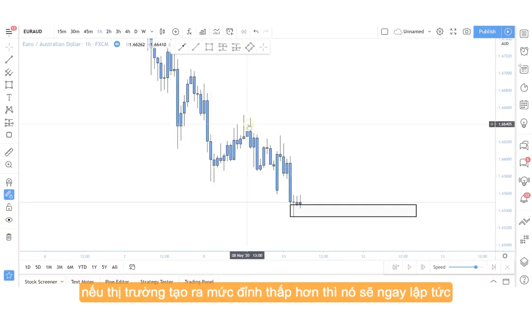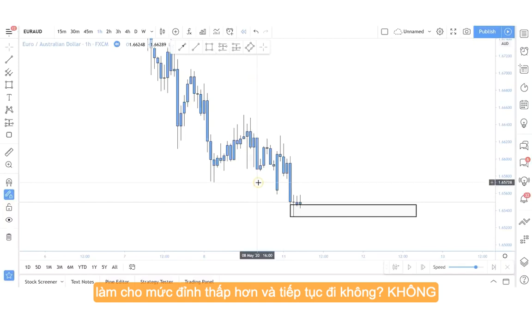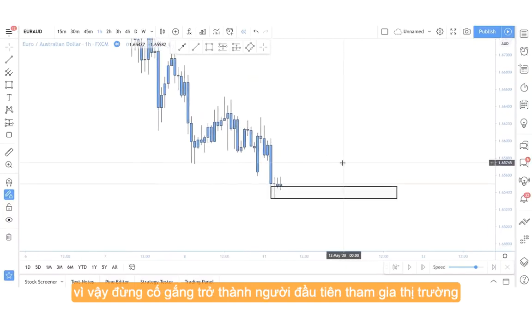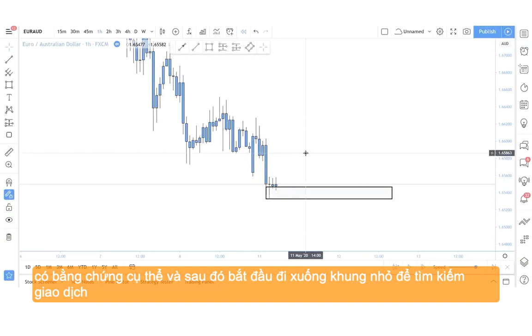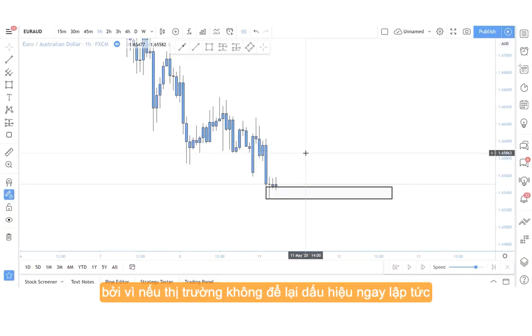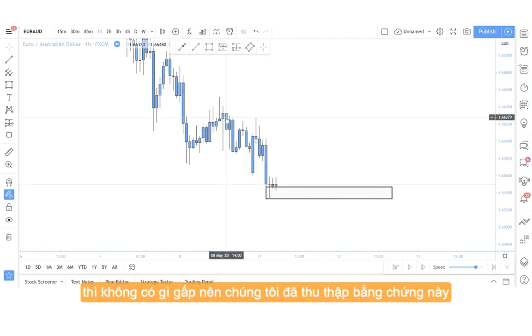No. If the market makes a lower high, does it immediately make the lower high and continue? No, and it continues and continues. So don't try to be the first into the markets. Wait patiently for the market to build up enough concrete evidence and then start to scale down to look for those trades. Because if the market's not going to leave a key area straight away, then what's the rush?